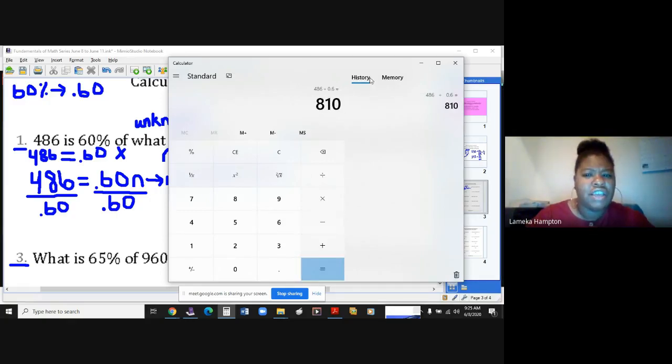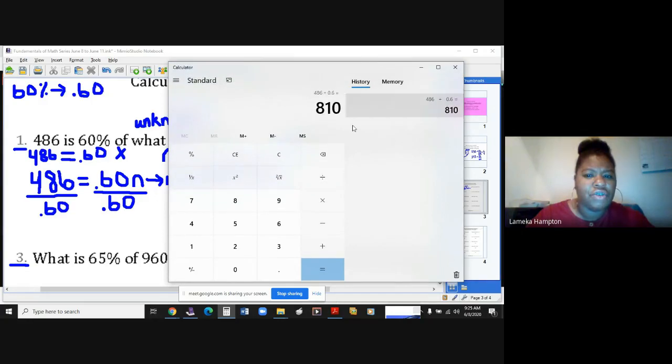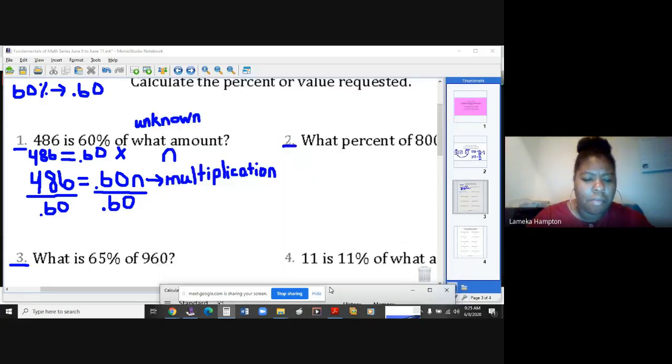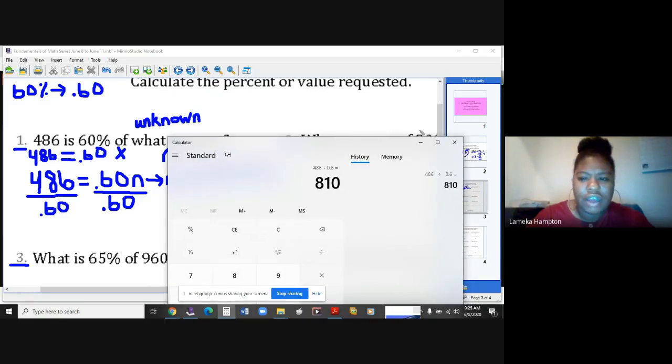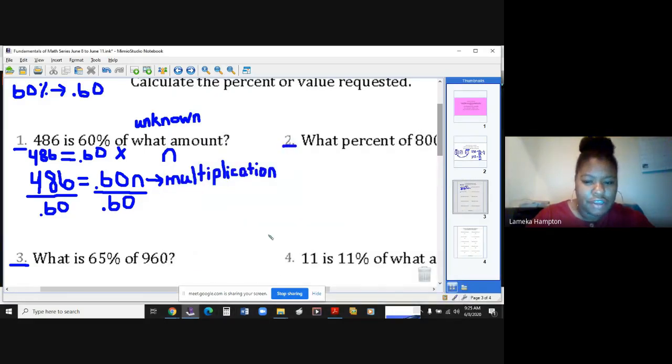And I'm going to hit equals, and my answer is going to be 810. I can go ahead and close that. All right. So my answer will be n, which is my variable, is equal to 810.